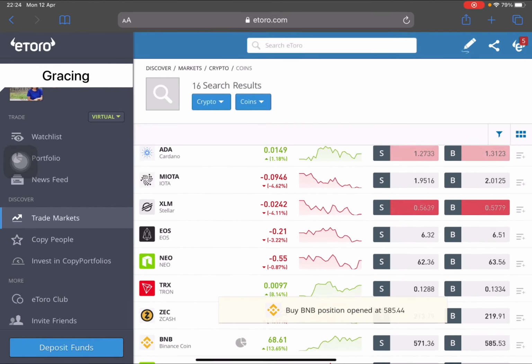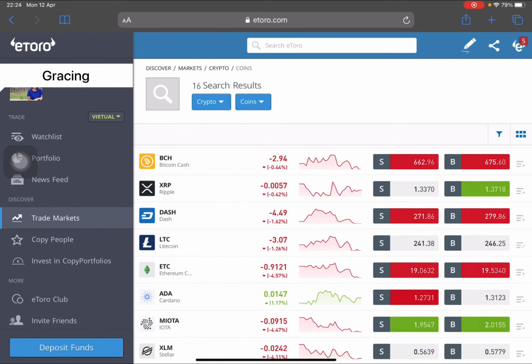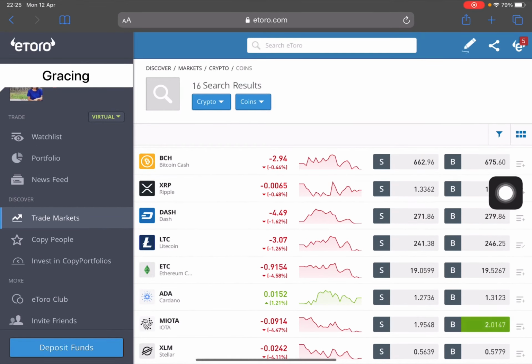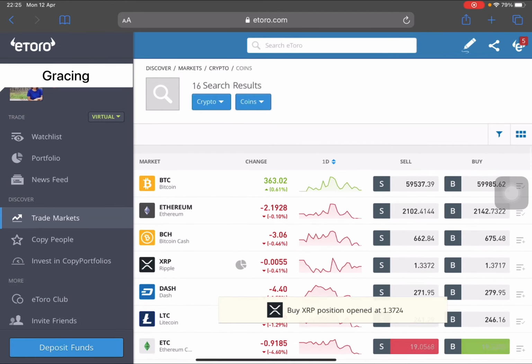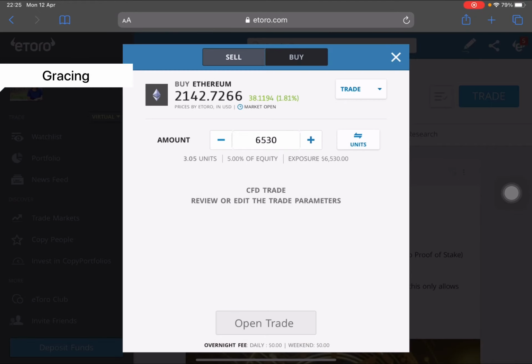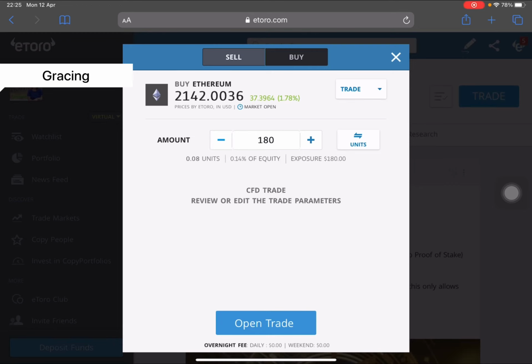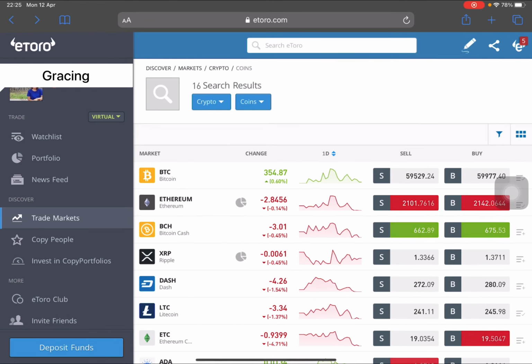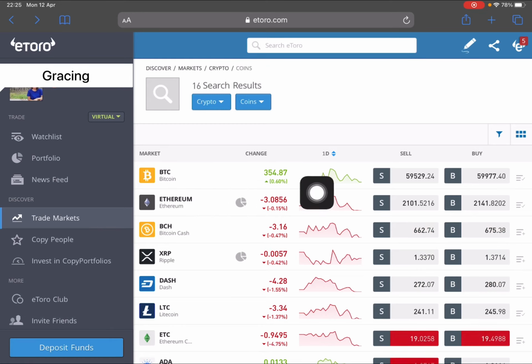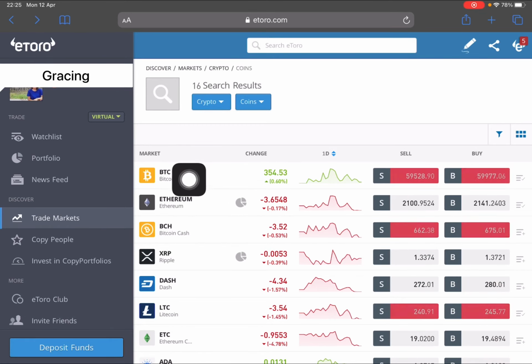So let's buy XRP. It's famous this time. Let's have 100 US dollars only. Open trade. Ethereum, it's also one of my favorites. Open trade. Okay, I will not buy BTC. It's already expensive.